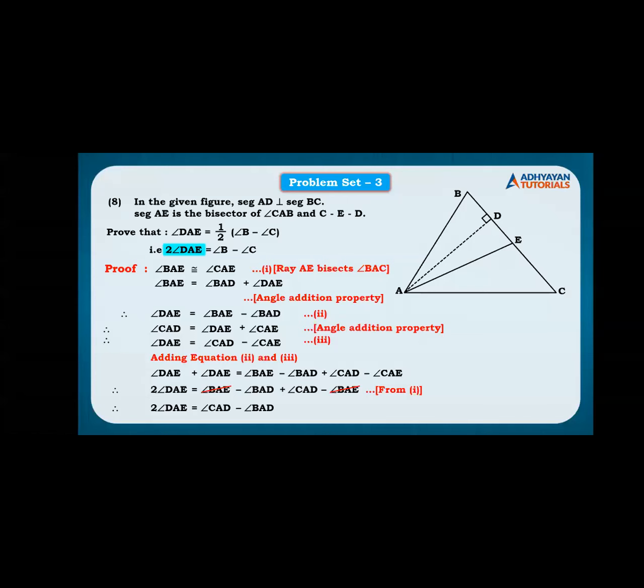When I locate angle CAD in the figure, this is the particular angle CAD.